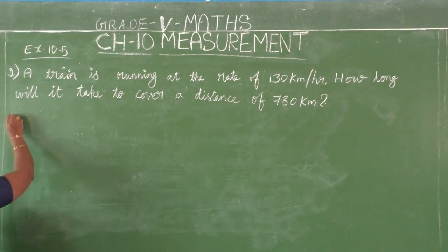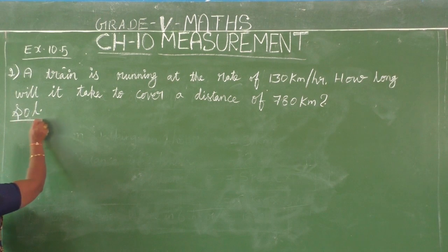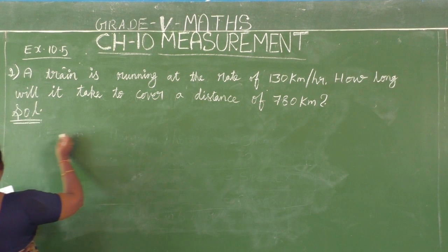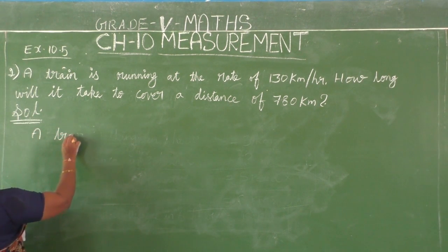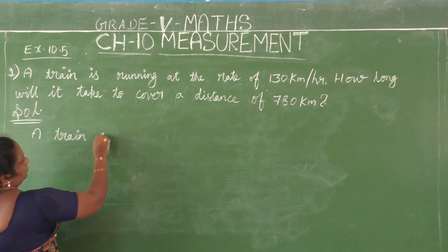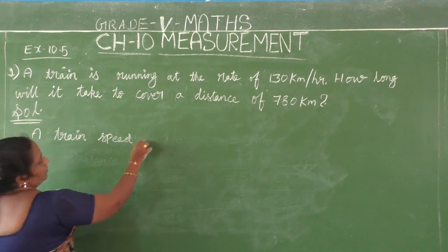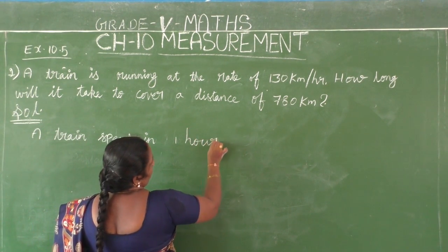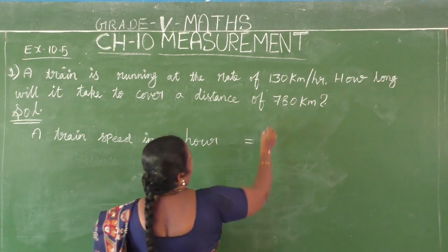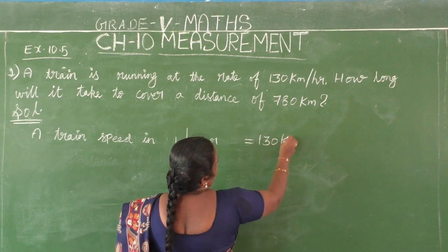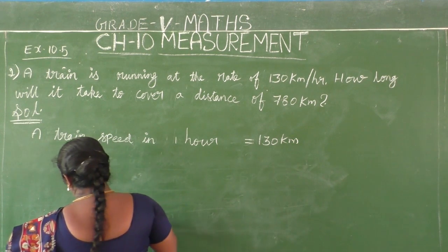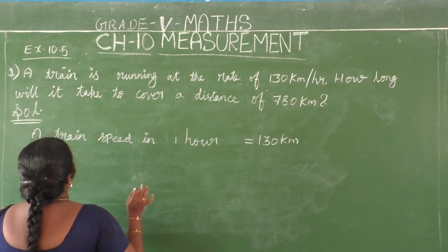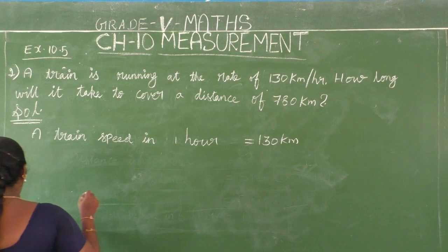Okay, so here we are going to use the time formula and find out the answer. Okay ma, right. A train speed in 1 hour. What is the speed? 130 kilometer. So now what are they asking? How long will it take to cover a distance of 780 kilometer?